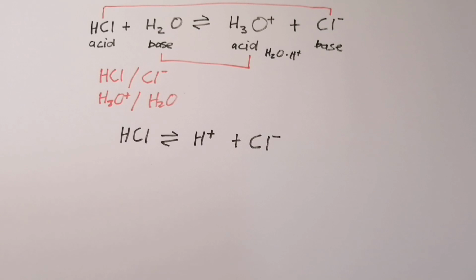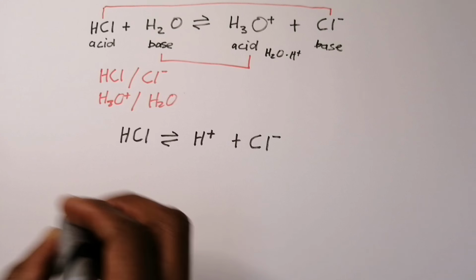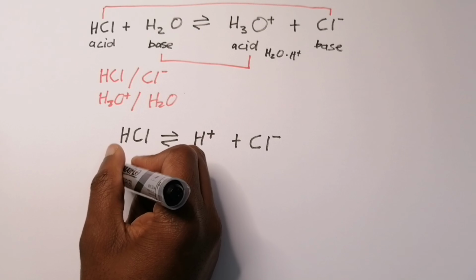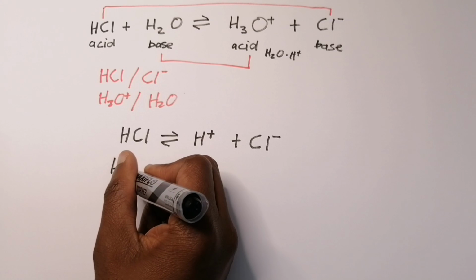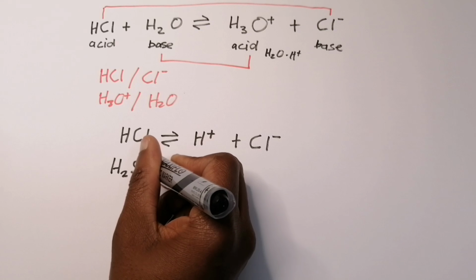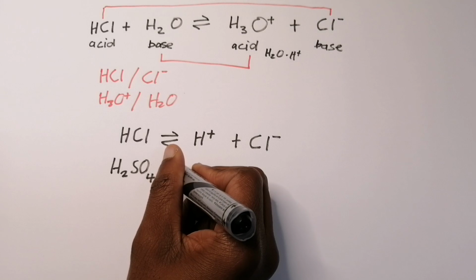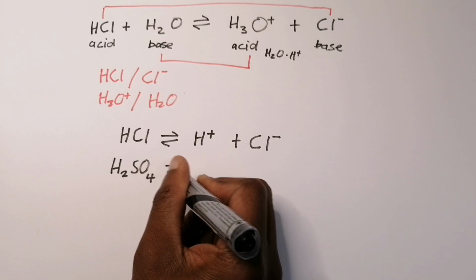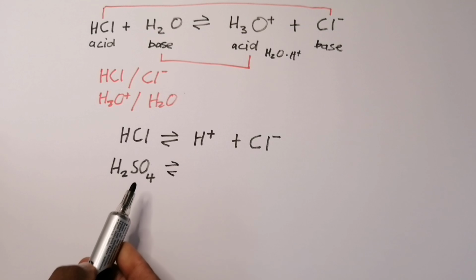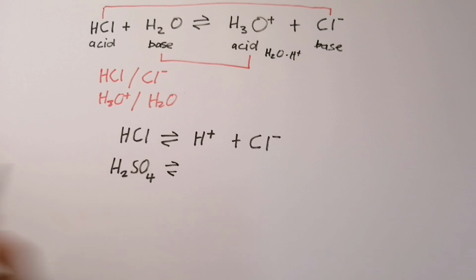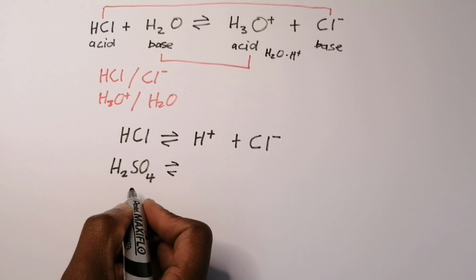Now I'll show you why this is important. Now let's take another acid. It means that if I write the one for H2SO4, which means it's sulfuric acid, I must know how does this one ionize, right? Now note, this is called a diprotic acid. What does diprotic acid mean? It simply means it's able to donate 2 H plus ions, right?